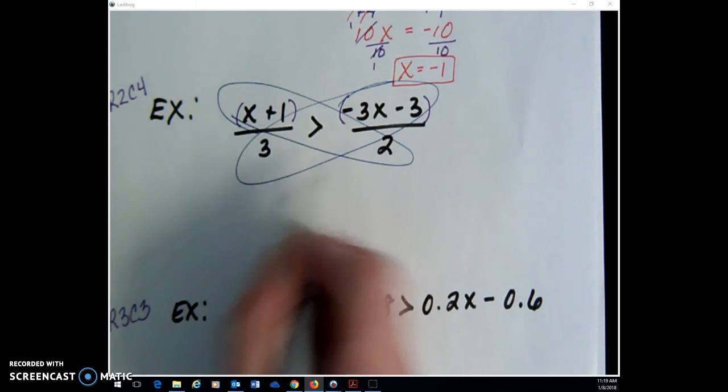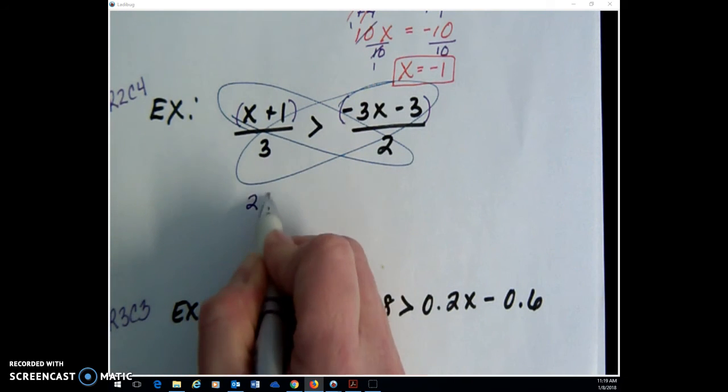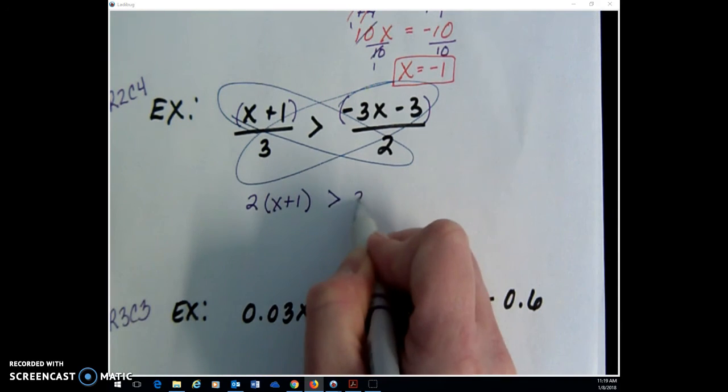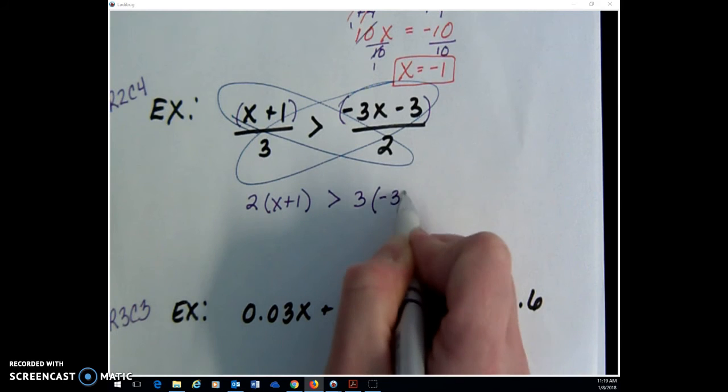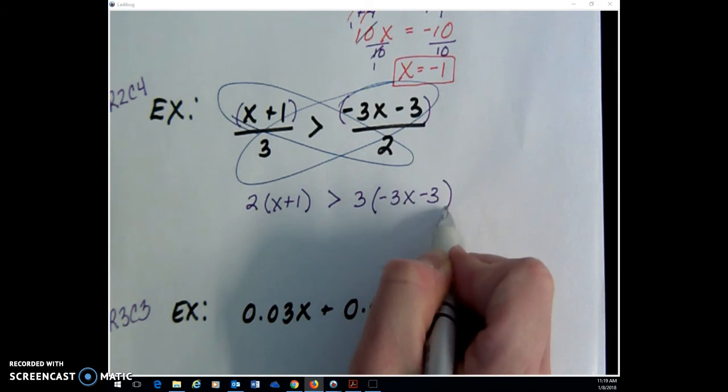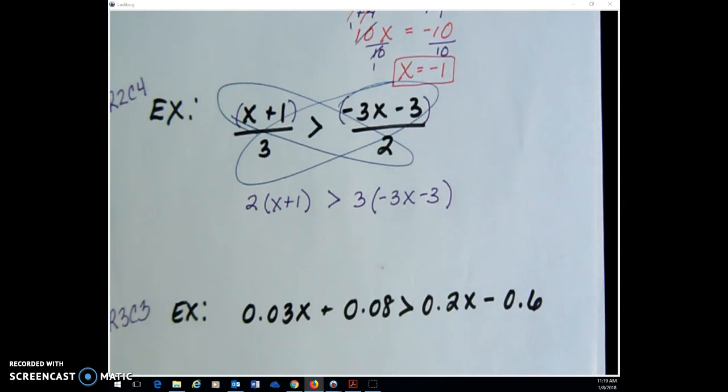So I could multiply here 2 times x plus 1 greater than 3 times negative 3x minus 3. You could also do it as clearing the denominator and multiply both sides by the lowest common multiple, which would be 6. Comes out the same.